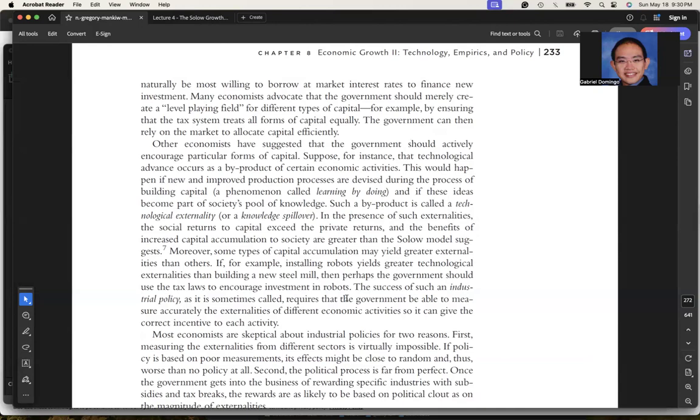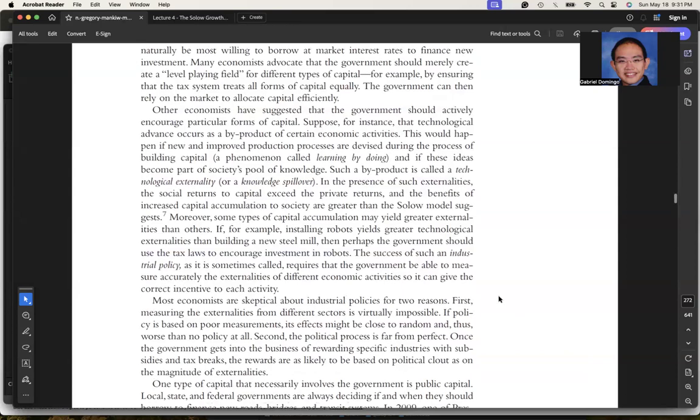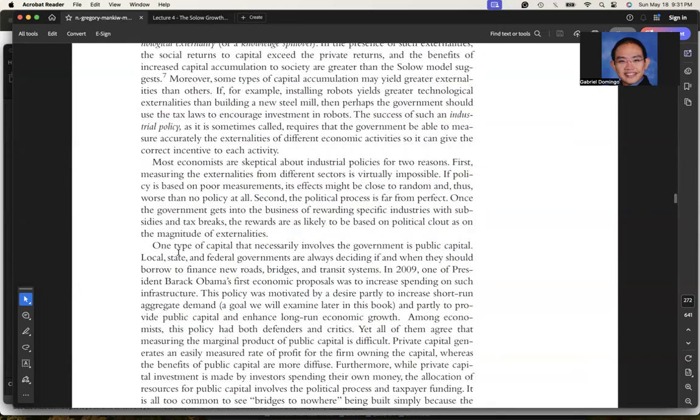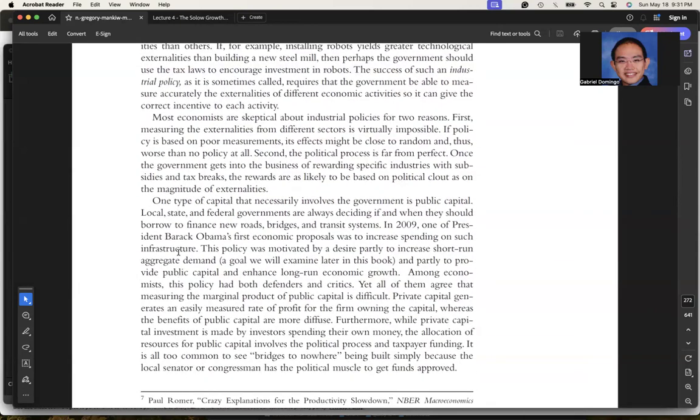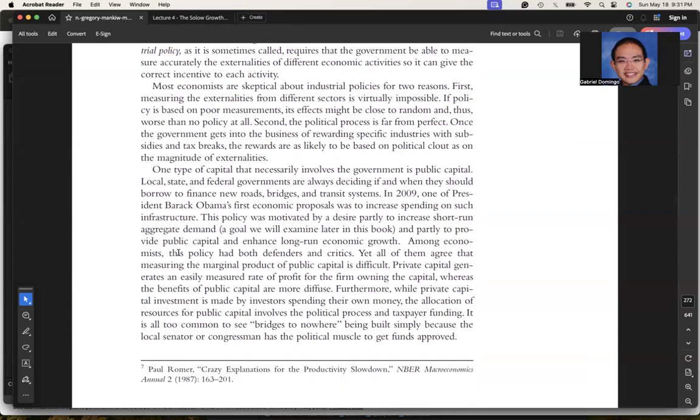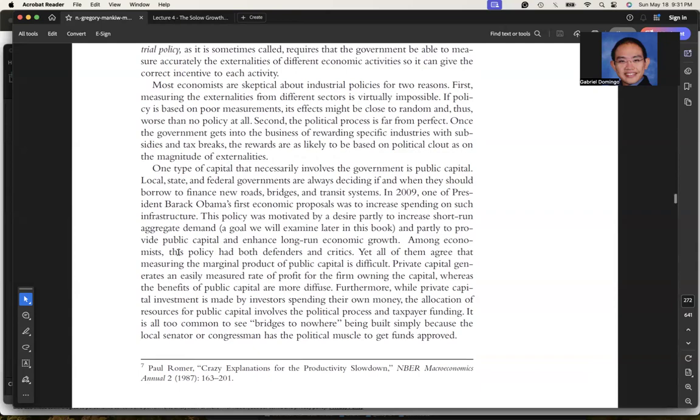So these are the kinds of investments that both the private sector and the public sector should be engaged in. Okay. This is, in general, going to be called industrial policy. So that's kind of important. So to identify capital or investments that have the highest returns, that's going to be part of the task of the government, to find these kinds of investments in order to improve long-run GDP per capita in the country.